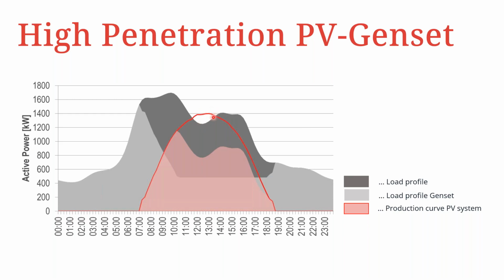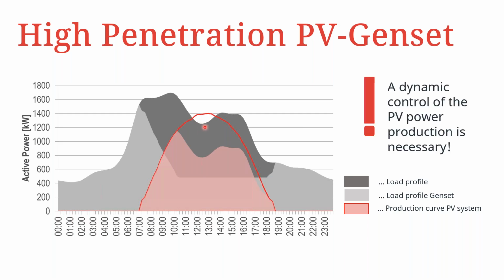This presents a danger to the genset because it would end up feeding back into the genset, which isn't desired at all, of course, because it has a debilitating effect on the genset. So in order to forestall this, that is where the PV genset controller comes into play.